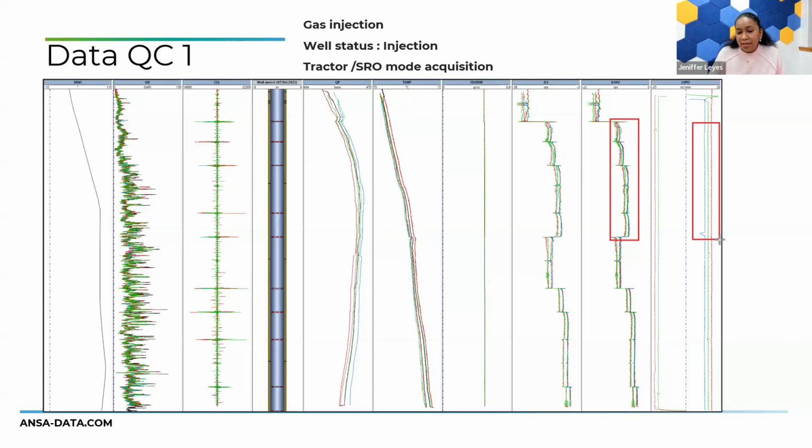So having said that, one of the best practices that our clients or operators do is generally to have separate or dedicated passes just for the calibration. In some cases, they go higher up in the well where they don't need to use the tractor, so they can use conveyance by gravity.